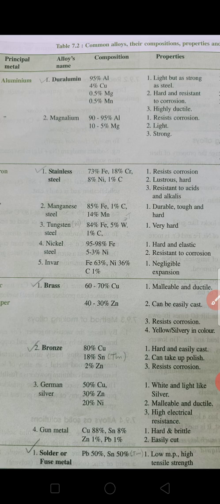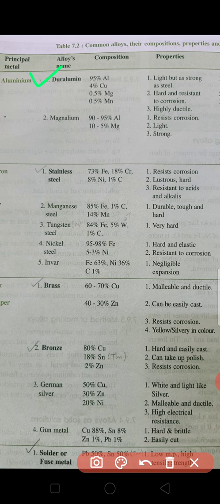And the alloys given in the syllabus are: first is the alloy of aluminium, that is duralumin. Now children, the composition in this alloy is 95% aluminium, 4% copper, 0.5% magnesium, 0.5% manganese.